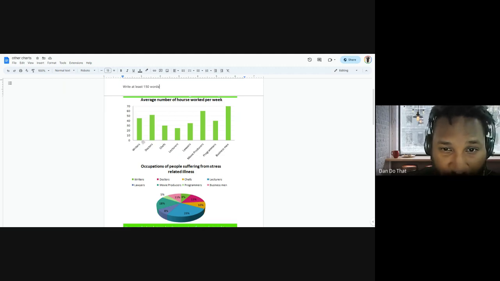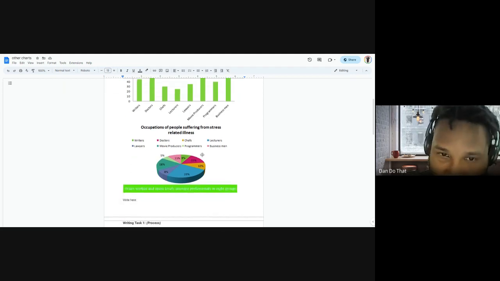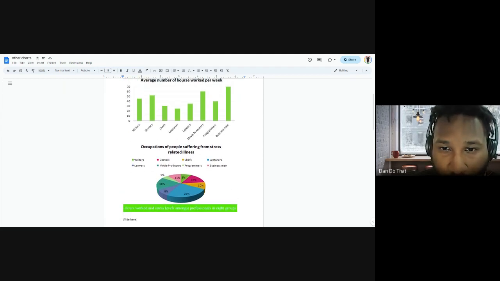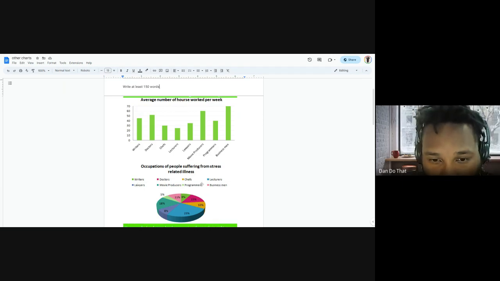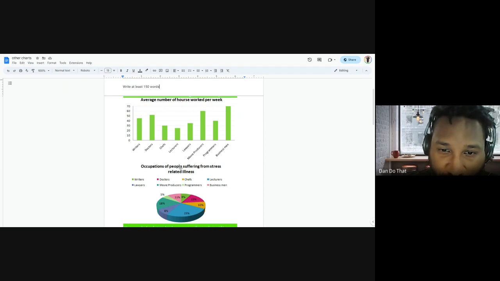So we would paraphrase that, and we would also paraphrase this. So it gets crazy. But since we have already paraphrased writers, doctors, chefs, lecturers, lawyers, movie producers, programmers, and businessmen, we don't need to paraphrase them again here. We simply need to paraphrase the title and the measurements.